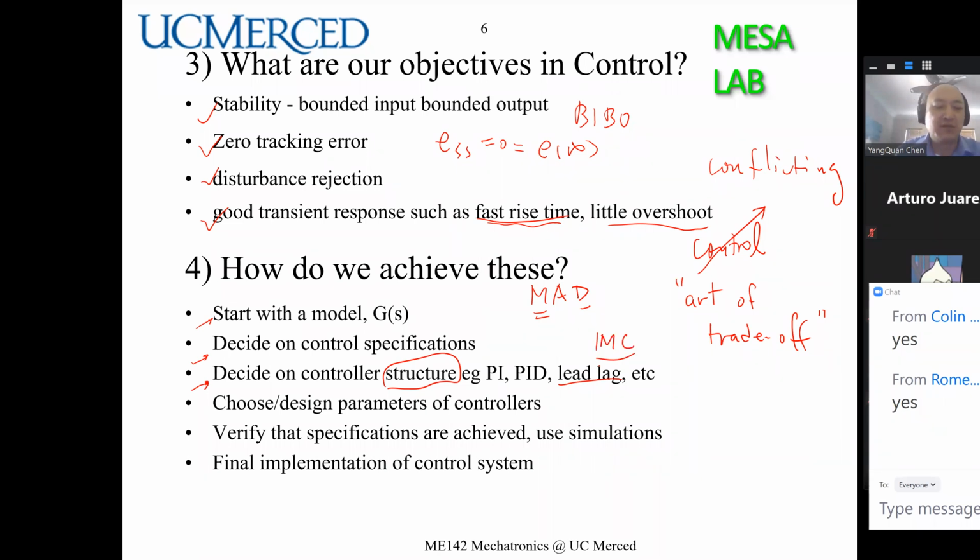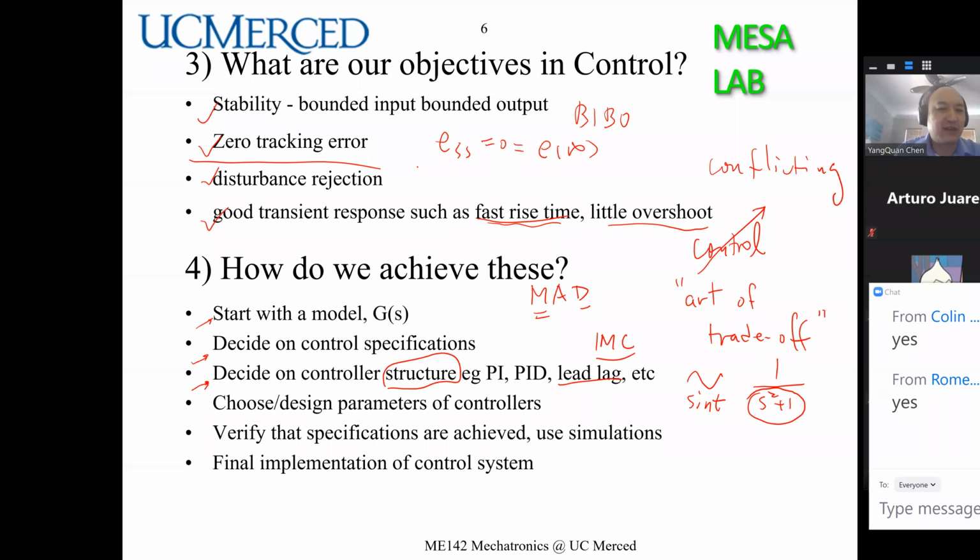Because of the internal model principle, say for example you have a sinusoid as an input, sine t. Your controller should contain this term in its denominator to make sure you can have zero tracking error. That's the internal model principle.